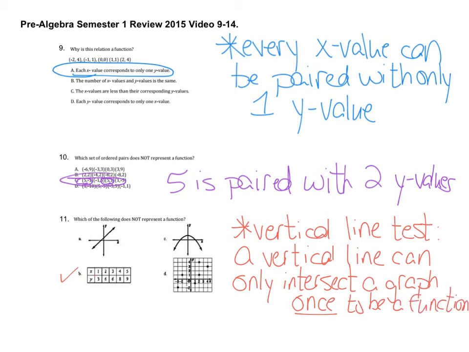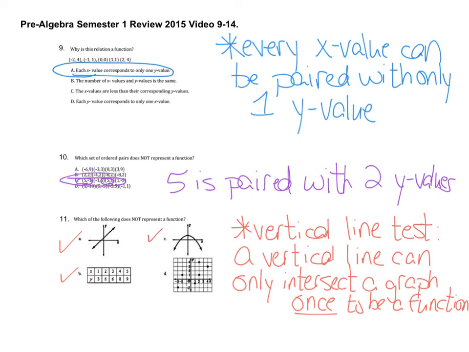Okay, so let's look at A. If I do a vertical line anywhere through here, it's only going to intersect one time, right? A is good. Look at C. If I do a vertical line anywhere through here, it's only going to intersect that graph one time. C is good. Now, look at D.